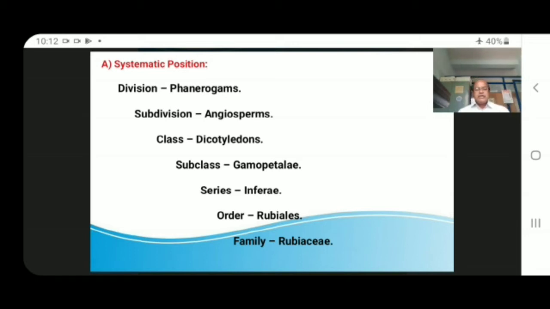Then corolla, petals 4 to 5, gamopetalous, salver shaped, rotate or funnel shaped forms, valvate type of aestivation or twisted or imbricate type of aestivation.